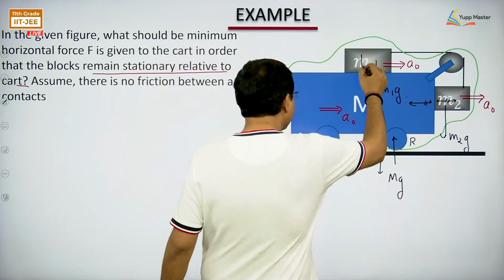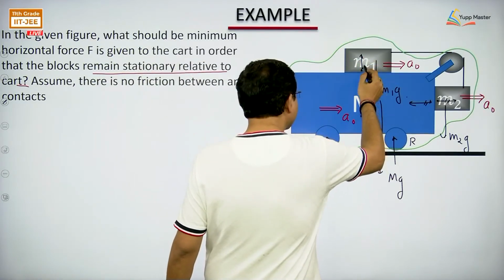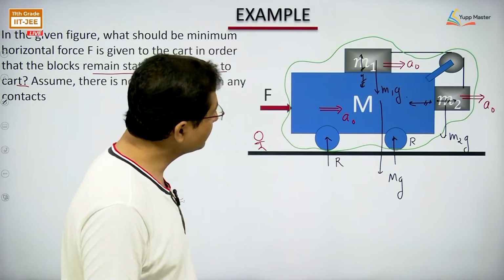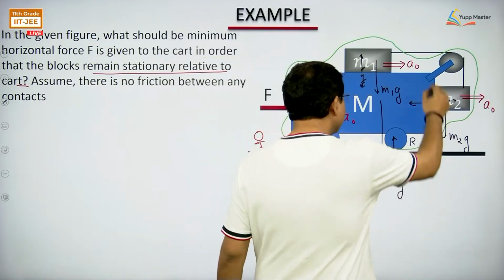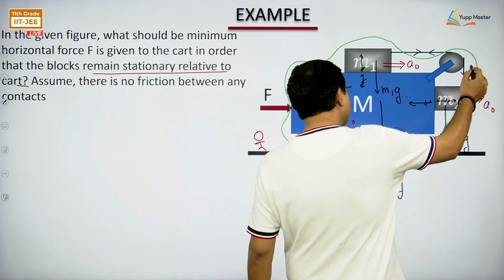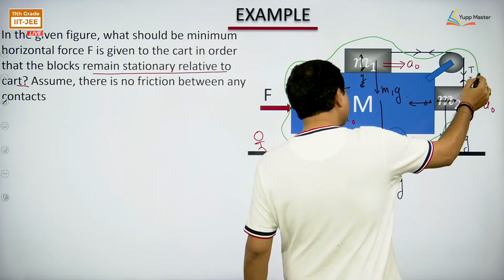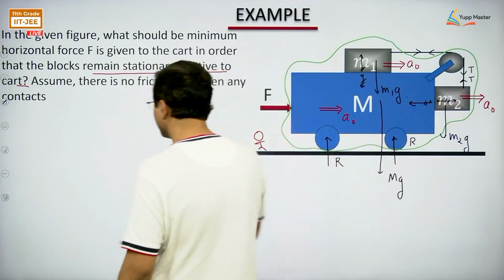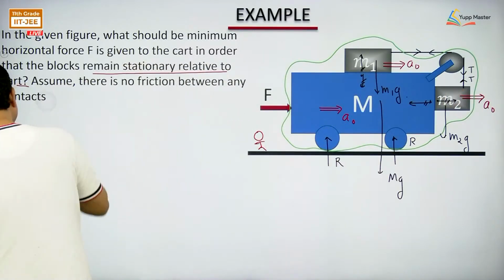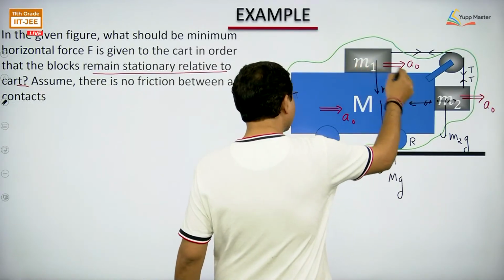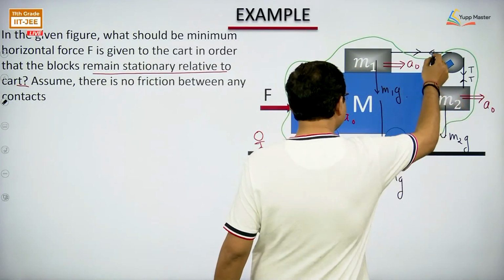Similarly, for the tension, tension on the pulley in this direction and tension on the block in this direction, they will cancel. Here it will be in this direction, here in this direction, they will also cancel each other. So these are all internal. If we talk about the acceleration, we have to consider only external forces because internal ones will cancel out.